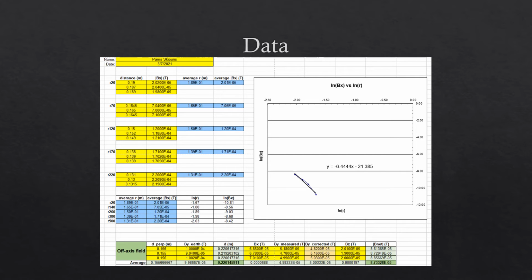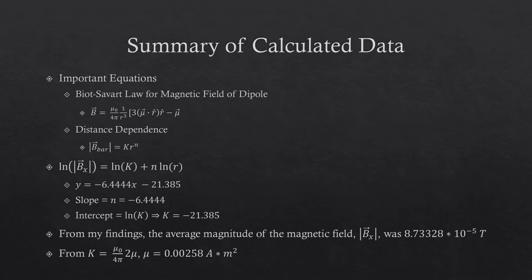The values in blue are the averages of the values in yellow. On the right is a logarithmic plot of the magnetic fields and the distances. You can see that there has been a linear line fit to the data that has a slope of negative 6.444 and an intercept of negative 21.385. I have explained the experimental data from this lab.